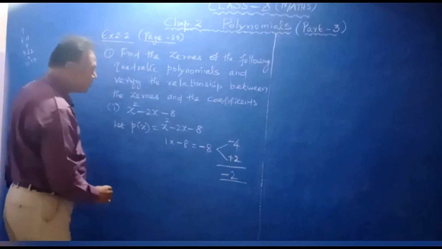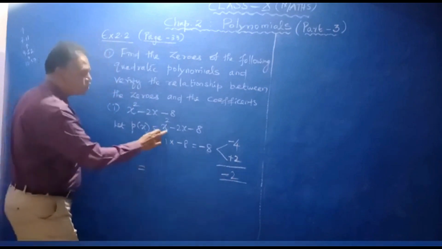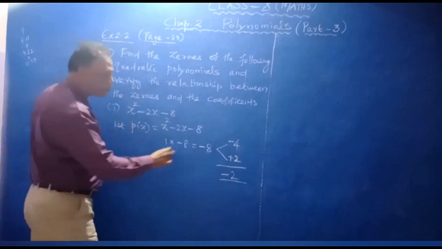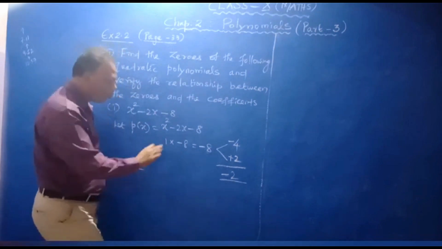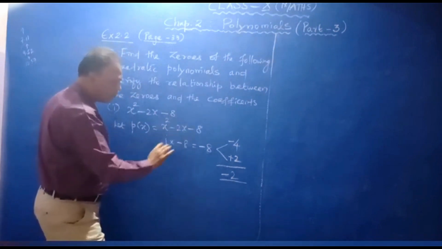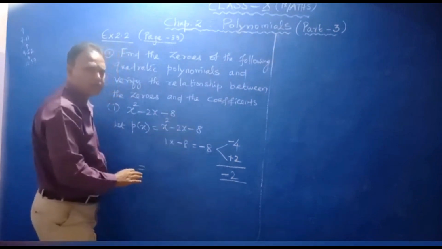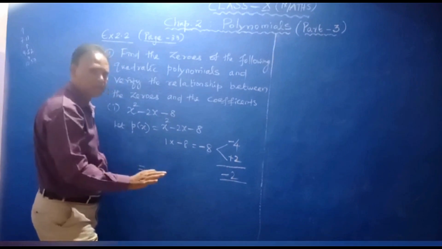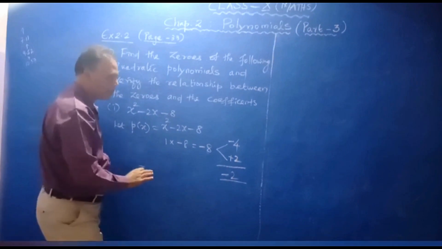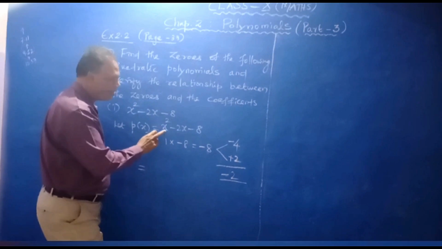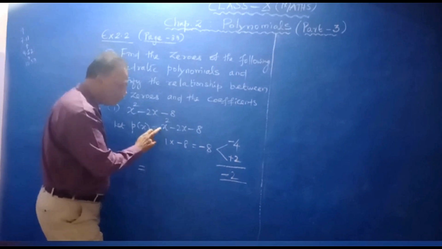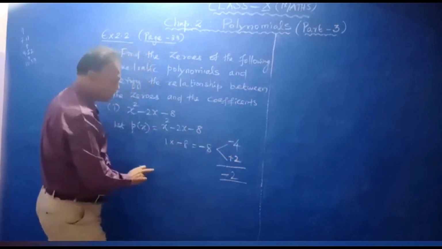Understand? Now the x squared coefficient is 1, so straight away you write it. No need to split the middle term and take common. Okay, that you have to avoid. Clear? You can save time. So remember, when the coefficient of x squared is 1, you can easily write it.